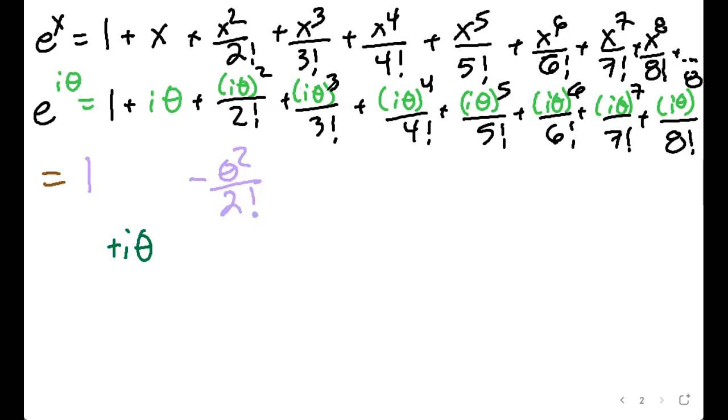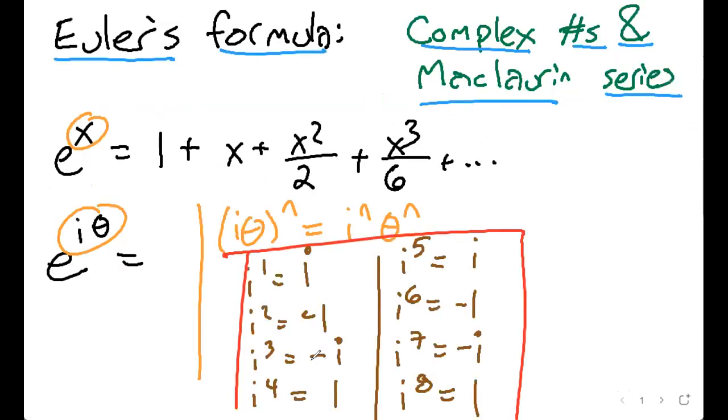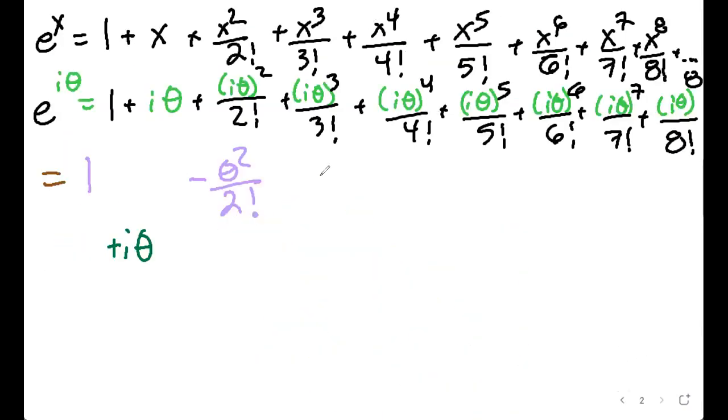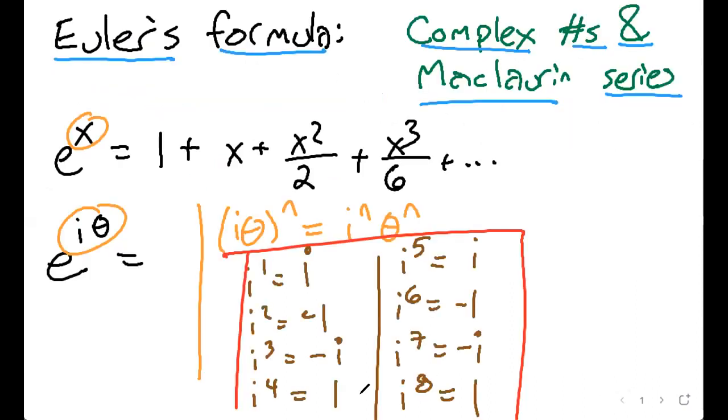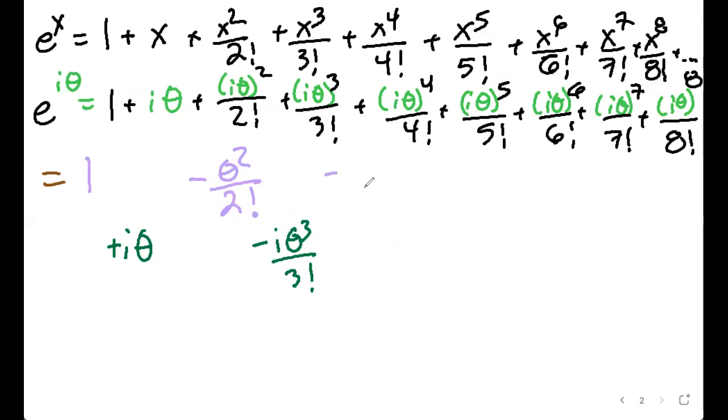This will be i cubed theta cubed. i cubed is -i, so I'll put that on the lower level here: -i theta cubed all over 3 factorial. And going back and forth, i to the 4th theta to the 4th. i to the 4th is 1, so plus theta to the 4th over 4 factorial.